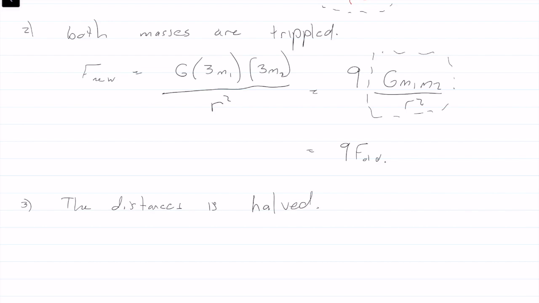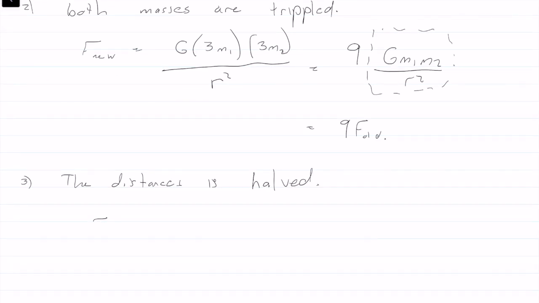Okay, so this one we have to be a bit more careful. F new is going to be equal to G m1 m2. Nothing's happened to the masses, and I've halved the distance, all of that squared. Okay, so actually I have G m1 m2 over 1 over 4 r squared.